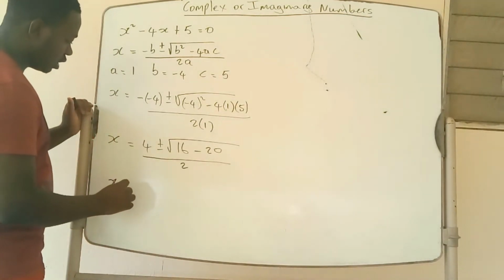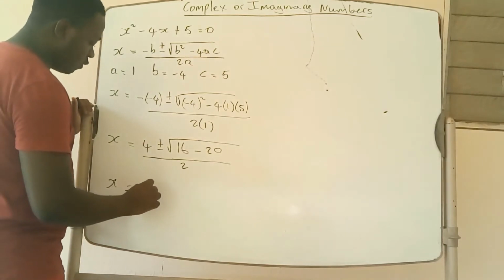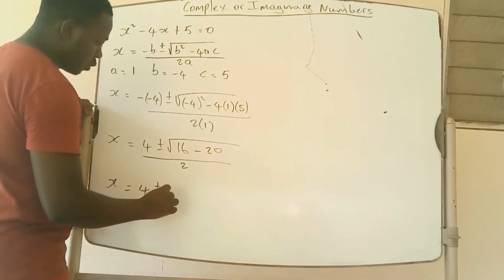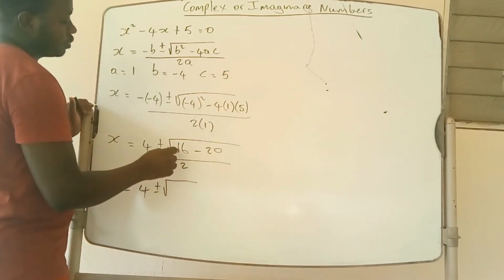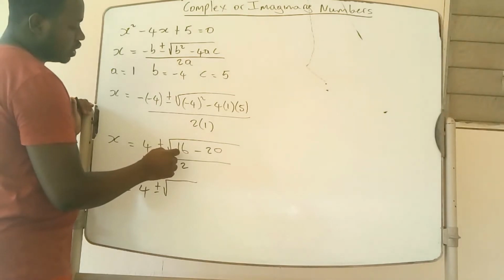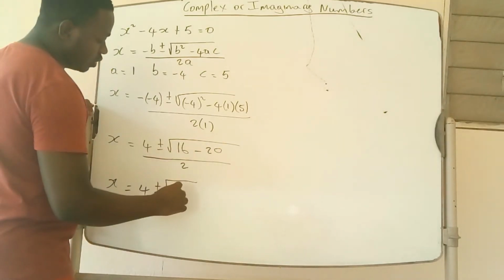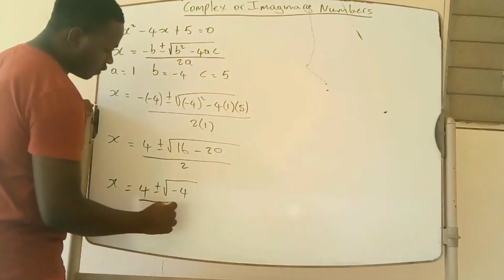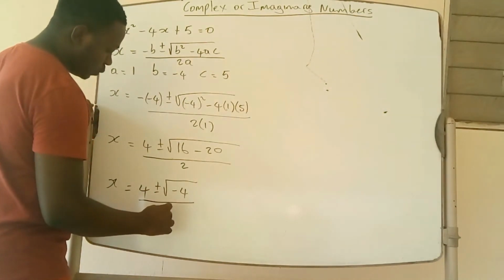So x equals 4 plus or minus the square root of 16 minus 20, that's going to be negative 4, all over 2.